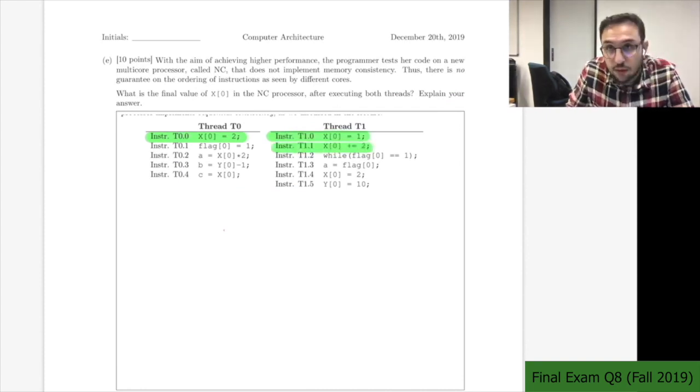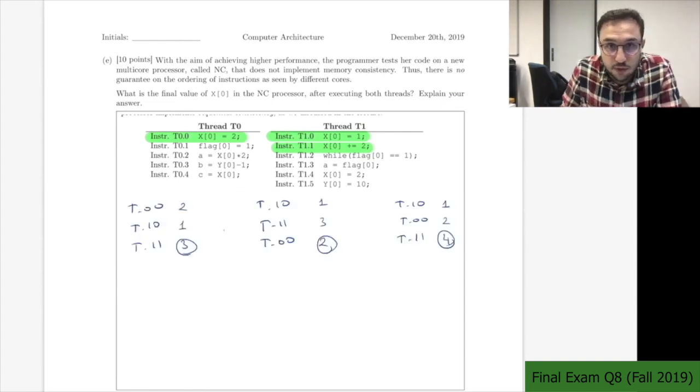Earlier we made the assumption that T11 always executes after T10. But from the perspective of core 0, we can observe that T11 executes first and then T10 executes. In the second part of the question, there were 3 possible orderings of these instructions. Now we also need to consider the cases where T11 executes before T10.